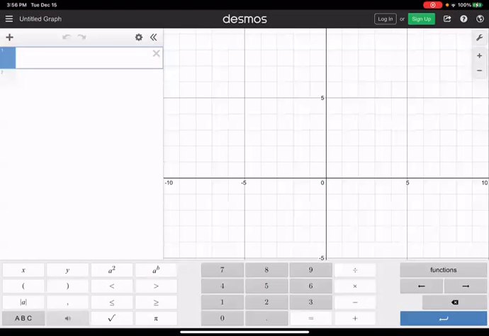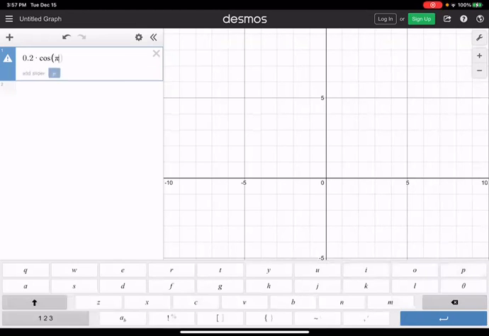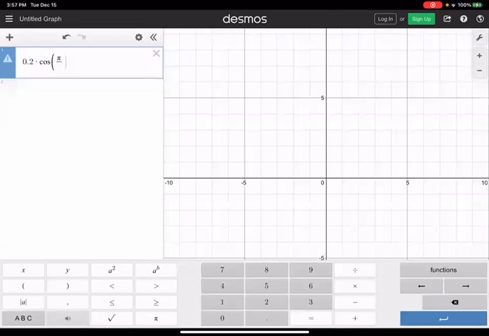So if we check this one by the decimal, our function is 0.2 times cosine of pi over 6 times (x minus 2), right?